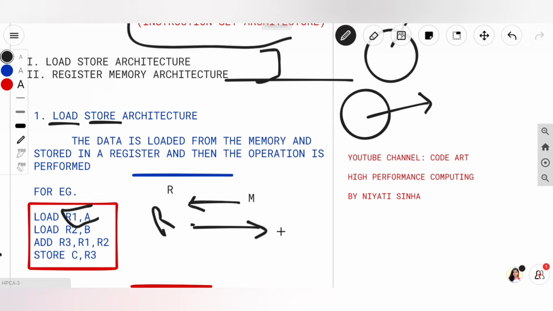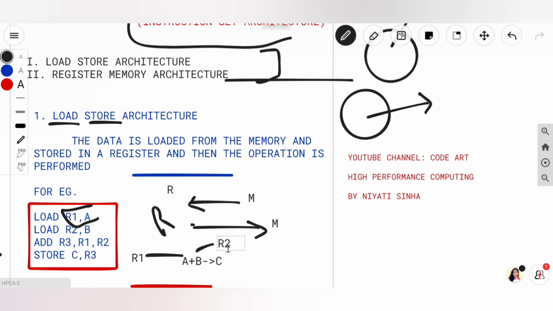For example, I want to do a plus b and store it in C. Firstly, I'll have to load a from the memory and store it in a register, let's say R1, and then I'll load b from the memory and store it in another register, let's say R2.